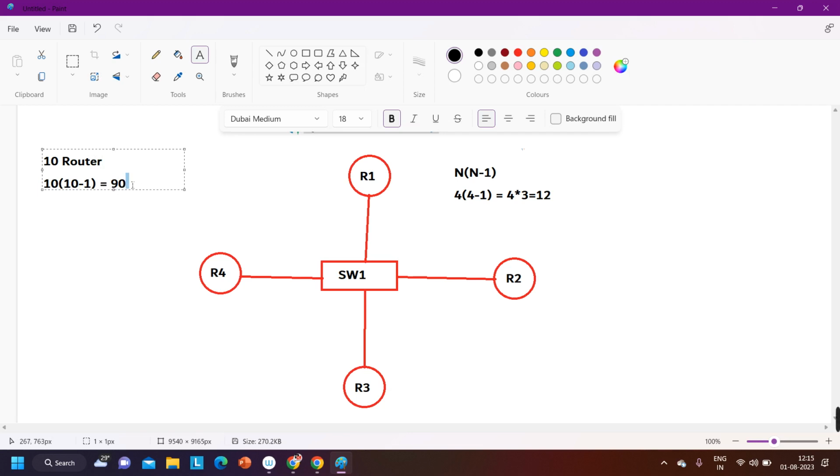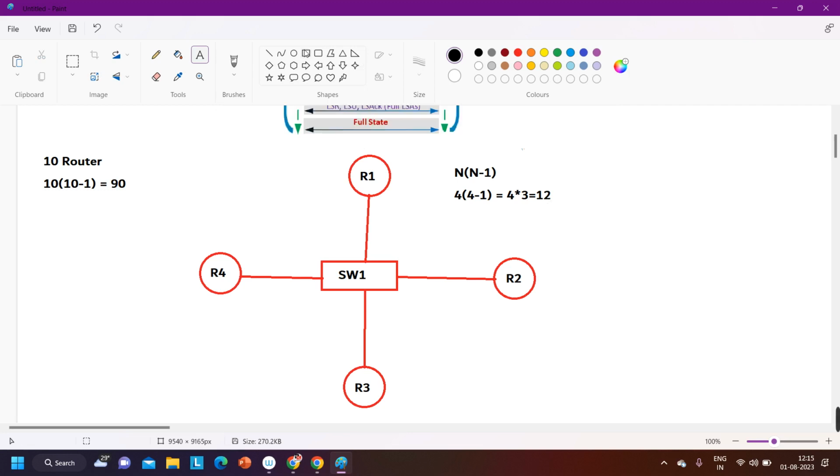So if there are 90 adjacencies, or let's say 12 adjacencies in this topology, router 1 will share its database with all neighbors, then that router will share its database with all its neighbors. Let's say router 1 has some network and has sent that network information to router 4. Now it is the responsibility of router 2 and router 4 to share it with their neighbors as well. Yes or no?